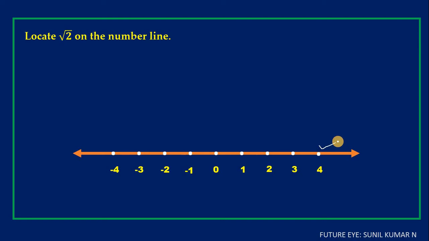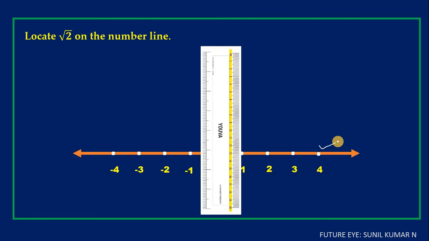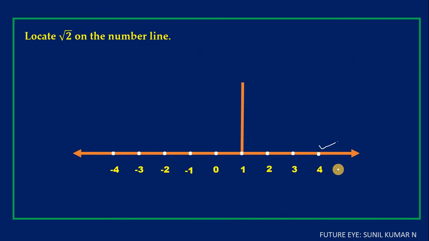So after marking the points, again take a ruler and draw a perpendicular line just like this. I show you again, children, just like this. After that, take a compass.